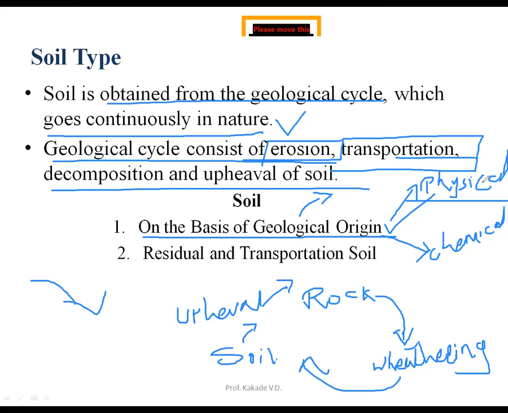If basalt decomposes by chemical process, or soil originated by chemical decomposition of the basalt, then the properties of this soil are different. Okay. Next is the residual and transported soil.